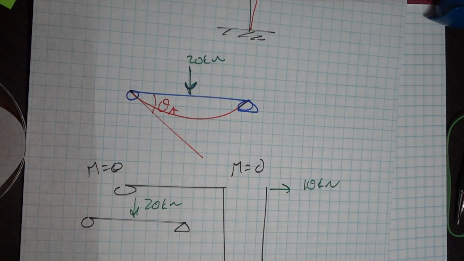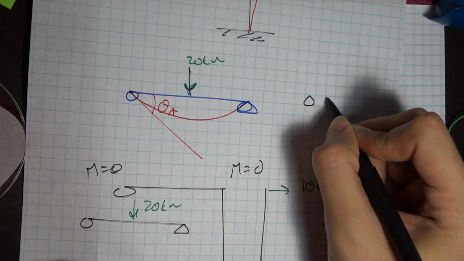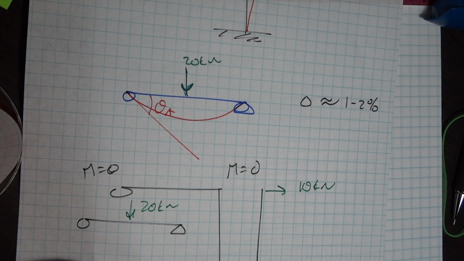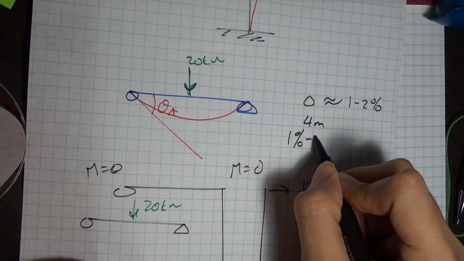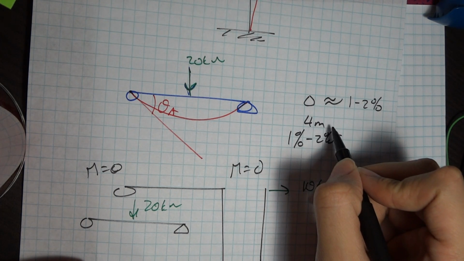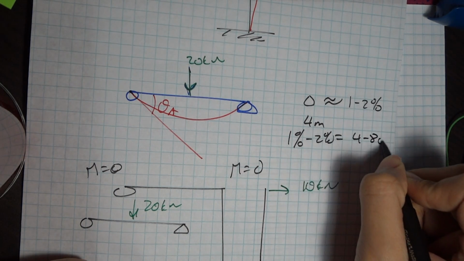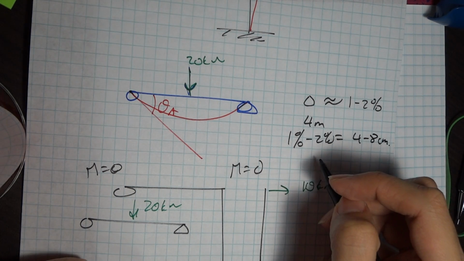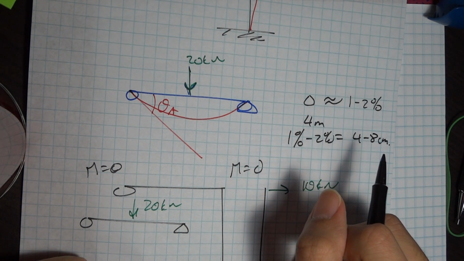I haven't checked the solution yet, but normally we expect deflections to be on the order of maybe 1 to 2%. So if you have 4 meters, then 1 to 2% is going to be, this is 400 centimeters, so this is 4 to 8 centimeters. That seems very high. You'd get 1 to 2% if you're talking about, say, this building going under an earthquake.